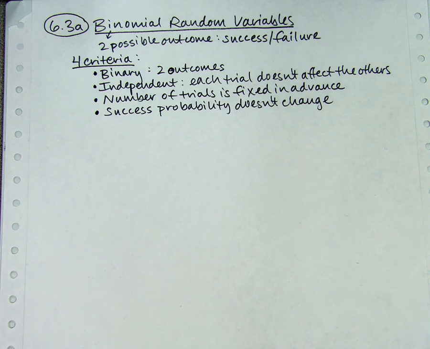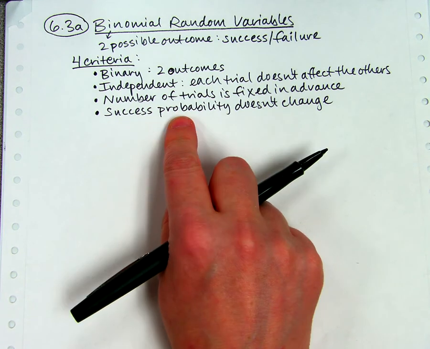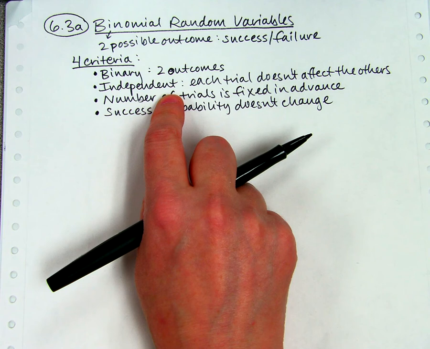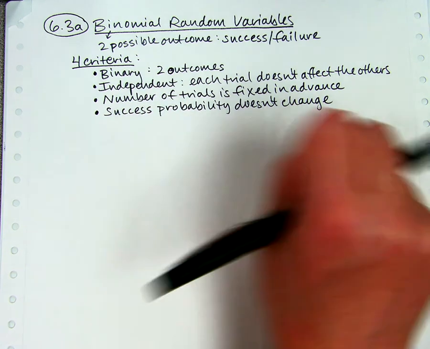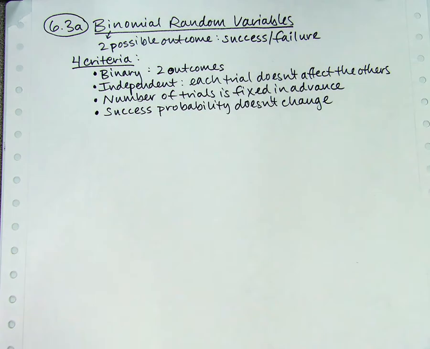If the multiple choice questions have different numbers of choices, then that would change the probability. So like, let's say number 1 has 4 choices and number 2 has 5 choices. That would change the probability even though they're independent of each other. So we want every single one of our trials or questions or whatever it is to be the same probability and independent of each other. So both of those are important.